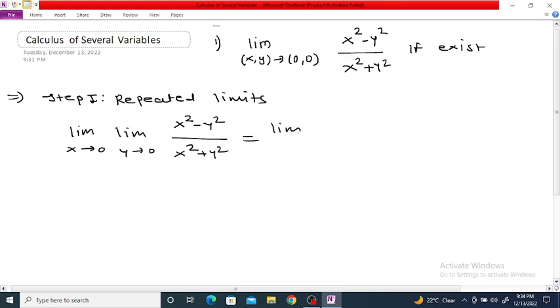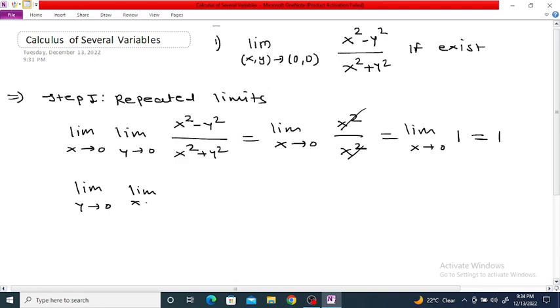now if we take limit y tends to 0, then it is equal to limit x tends to 0 of x square divided by x square. If we cancel these two terms, we get 1, so the limit is 1. The second repeated limit is limit y tends to 0, limit x tends to 0 of (x square minus y square) divided by (x square plus y square).